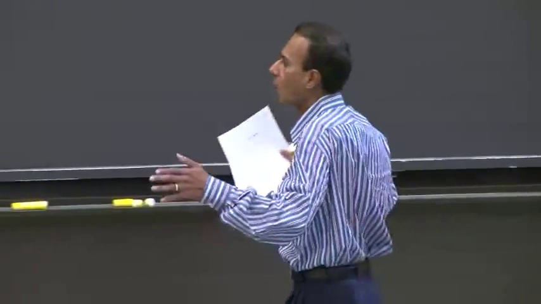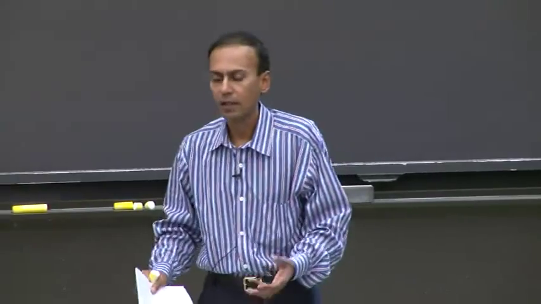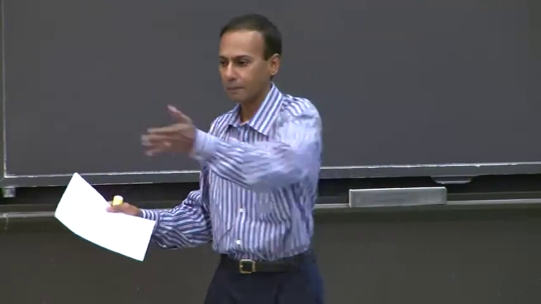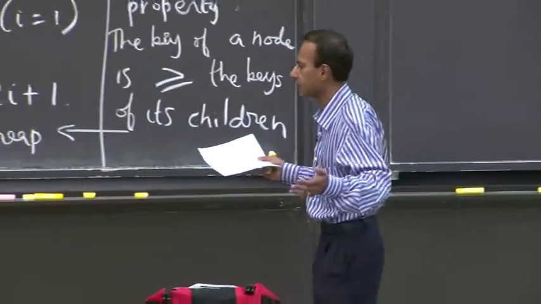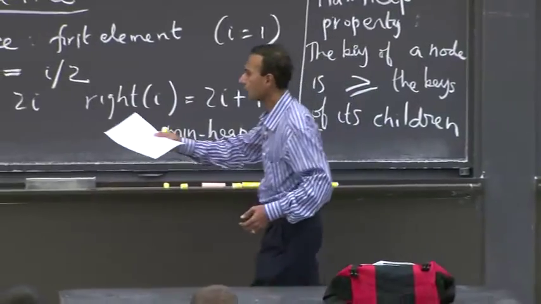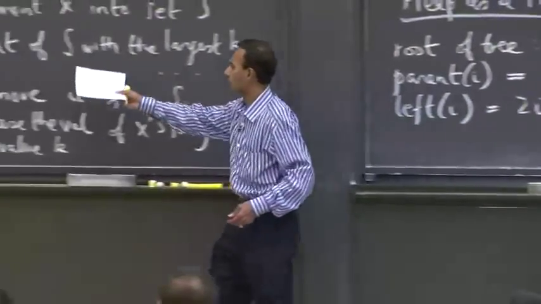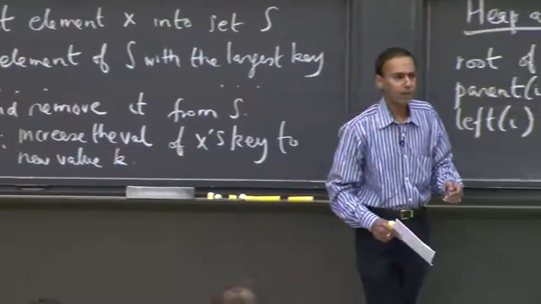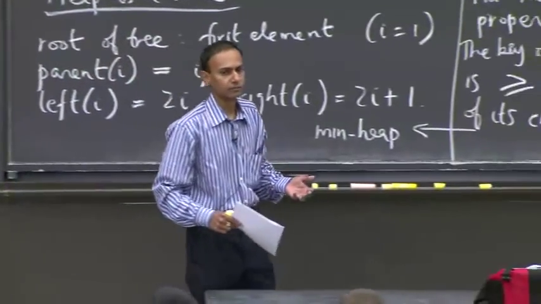So right off the bat, what operation is going to be trivially performed on a max heap? This is kind of a trivial question, but yep. Just finding the biggest element. Exactly right. The max operation. Now, what about extract max?